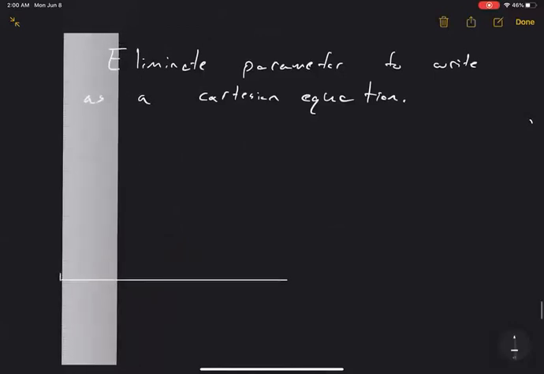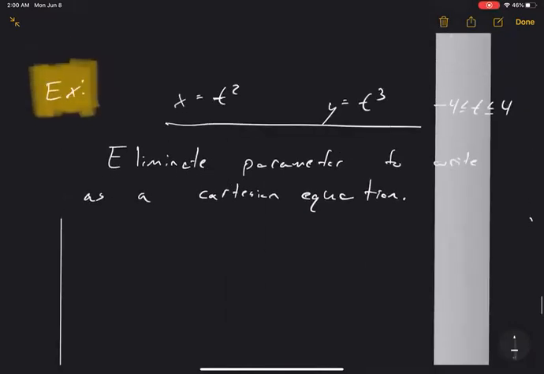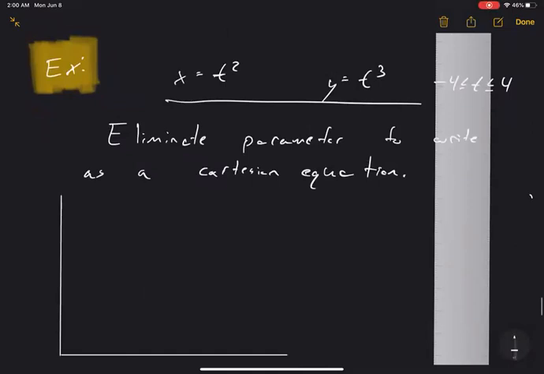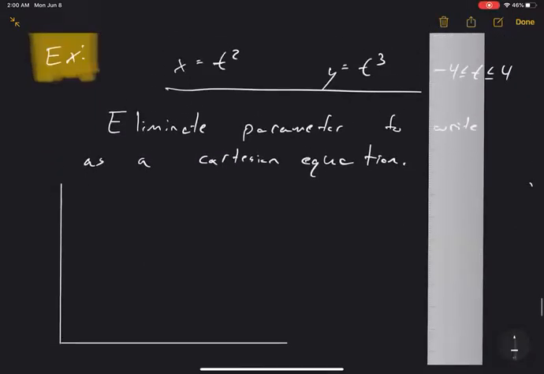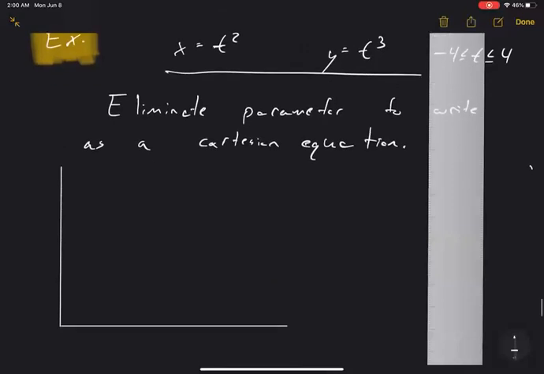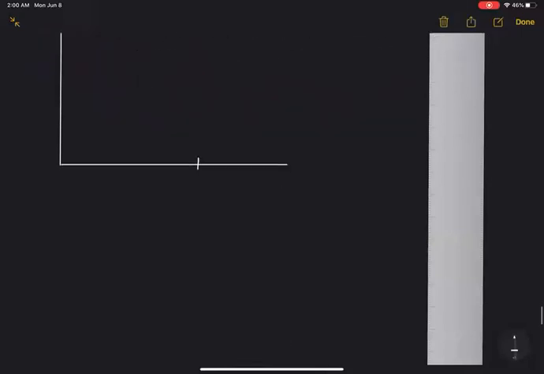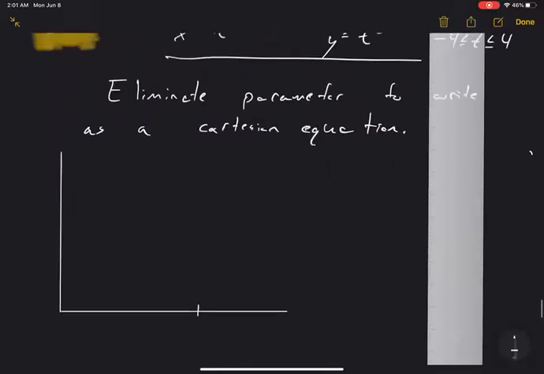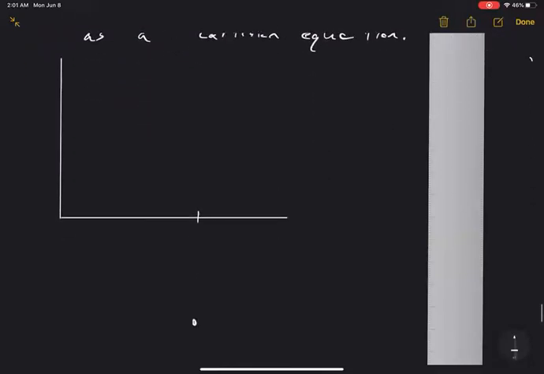Let's try and graph these parametric curves. So let's see, if t is -4 and I plug that in, x would be 16. That'd be way over here, and then my y would be -64, so that'd be way down here. And at t equals 0, everything would be 0, so it'd be up here.